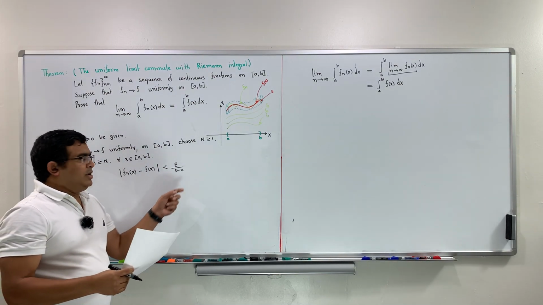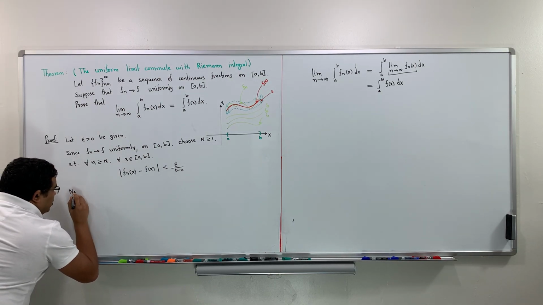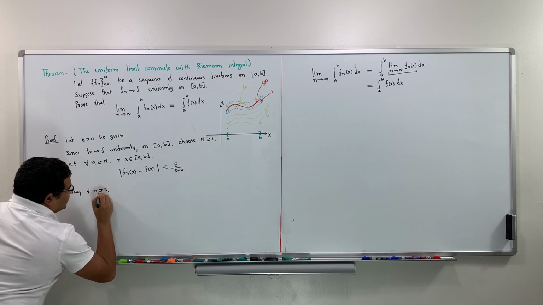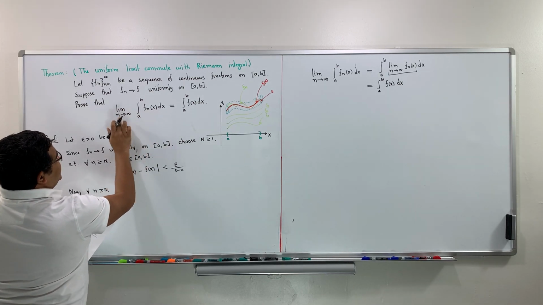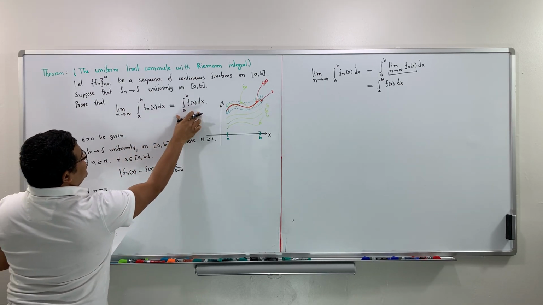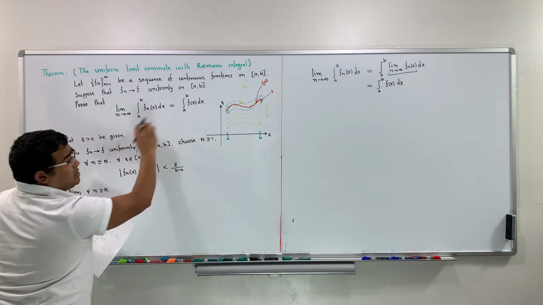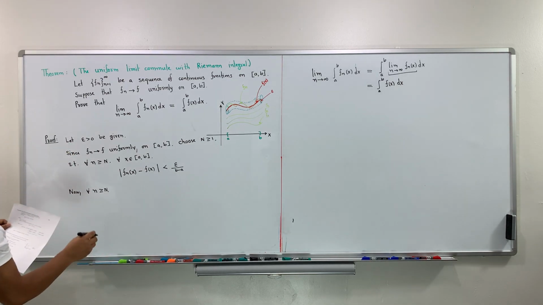Now for all n greater than or equal to N, we need to prove that when n approaches infinity, this equals that. So we need to prove the difference between this one and that one is less than epsilon. If we prove that, then we will be done.